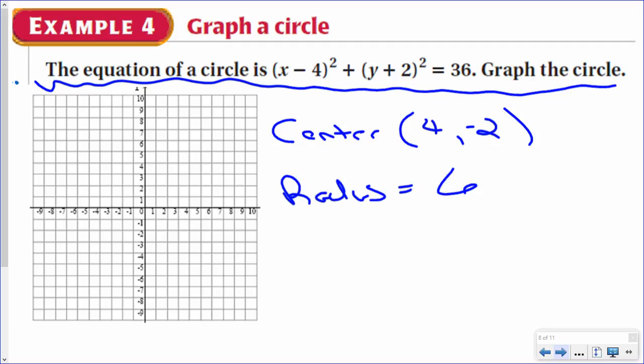I need to locate the center of the graph, which is located to the right 4, down 2. The radius is 6. Count out 6 in each direction. I mean, when I say each direction, I mean up, down, left, and right. Okay, so my center's in the middle, and this is supposed to make a perfect circle, and it's going to be ugly, but here it goes.